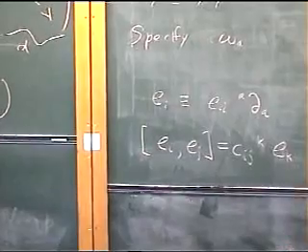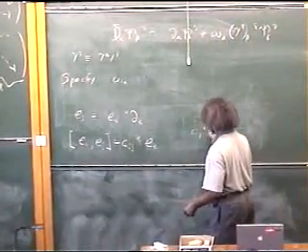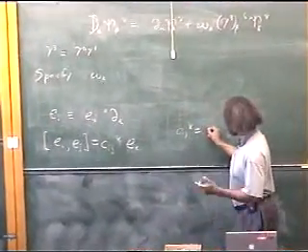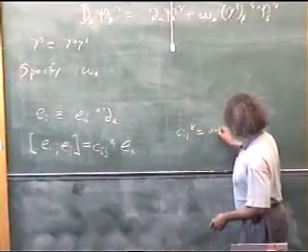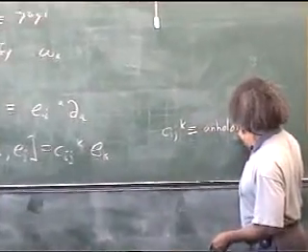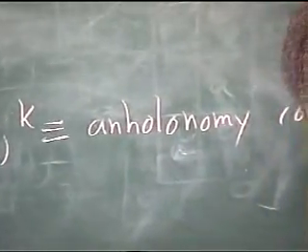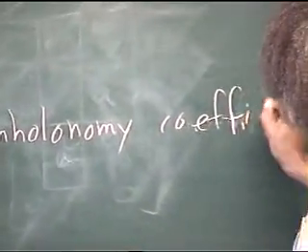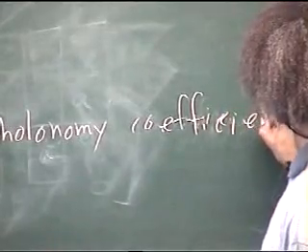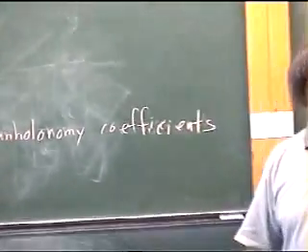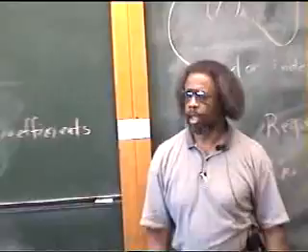So C_ij^k actually have a name. They have lots of names, but one of the names is anholonomy coefficients. These are the anholonomy coefficients.